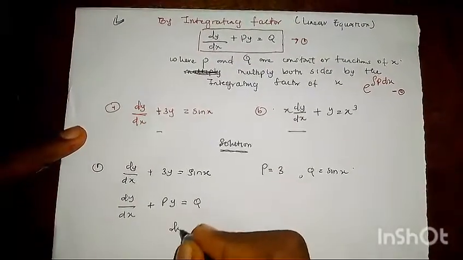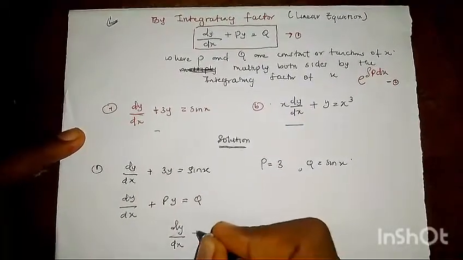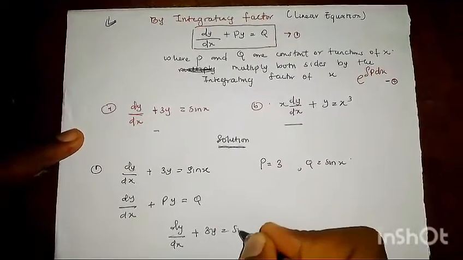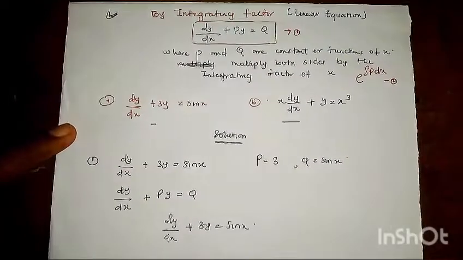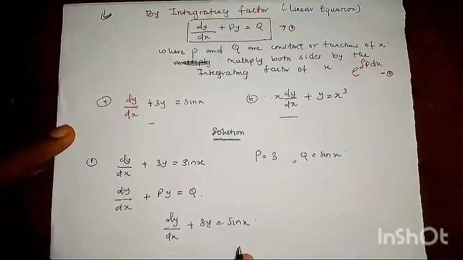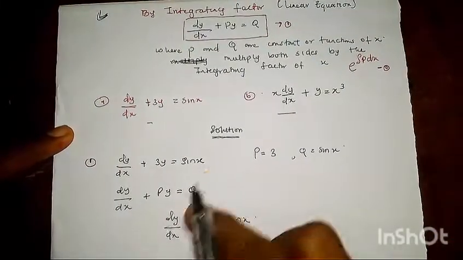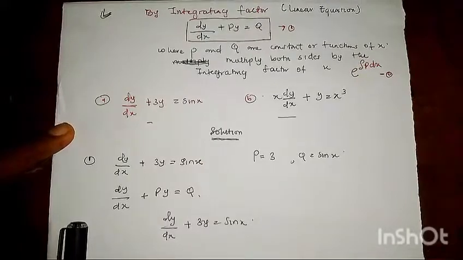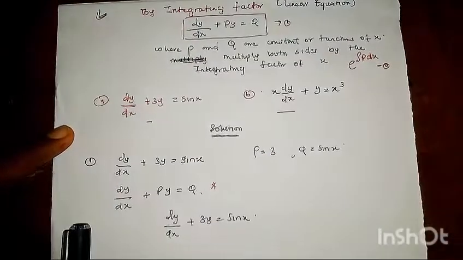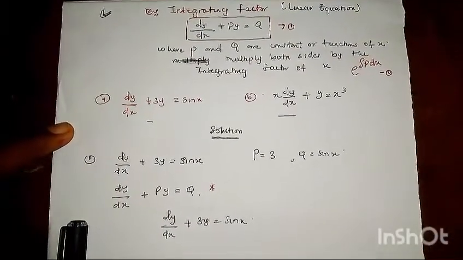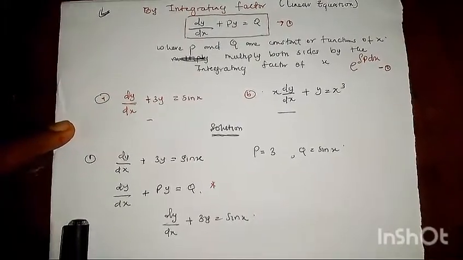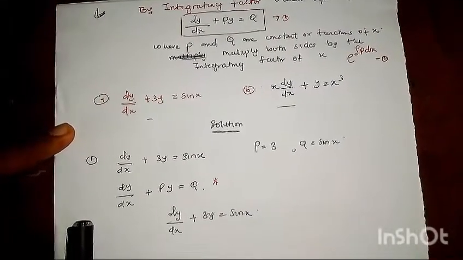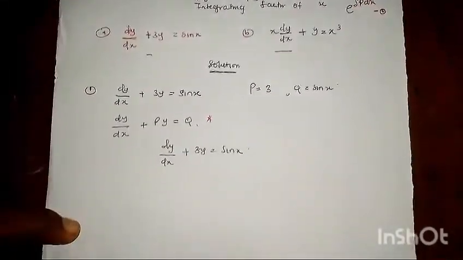So now let's solve this equation. This is dy/dx plus 3y equals sine x. We don't need to express this in the form of this particular equation because it has already been expressed in this form. You get? So now, solving this particular linear equation, what is my second step?